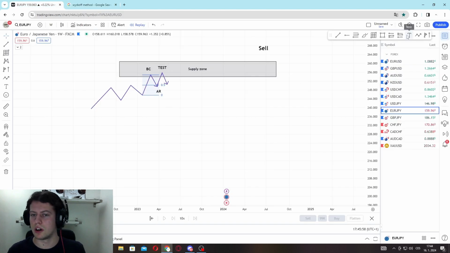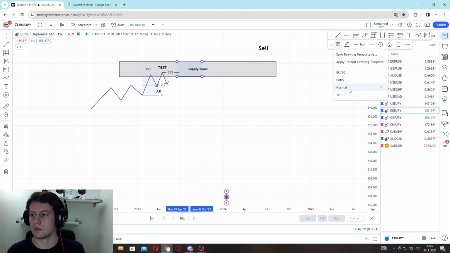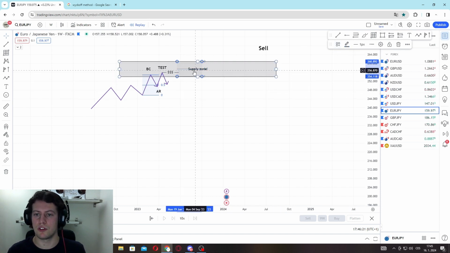In my strategy, it has to take out this test and this buying climax, so it's liquidity, and also it has to go to the 50% of the zone, and it has to close above this 50%.